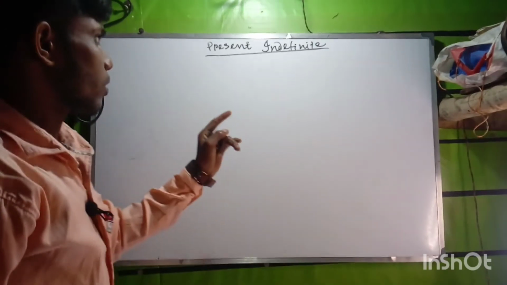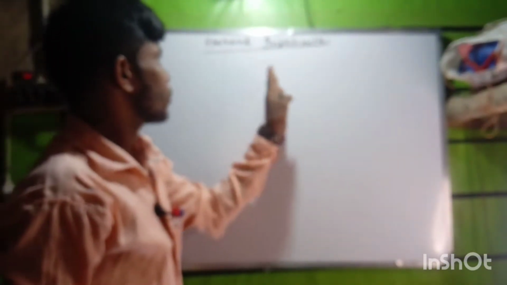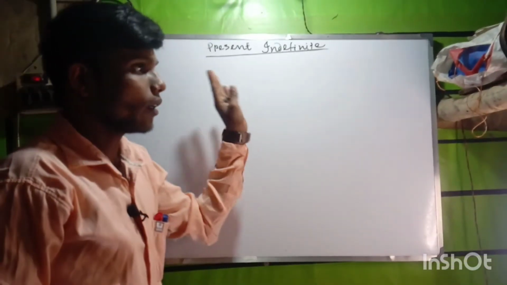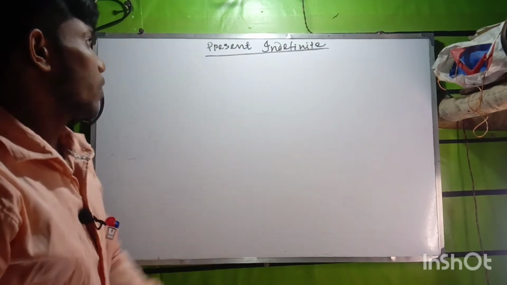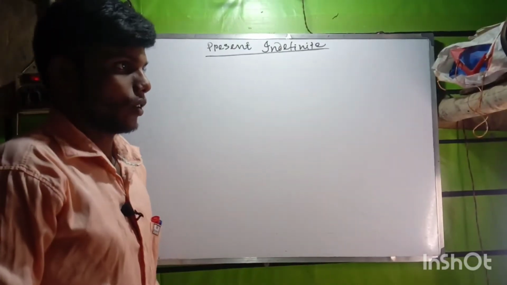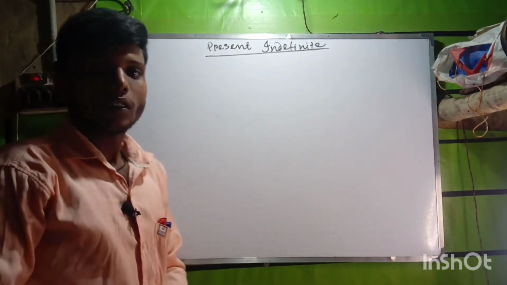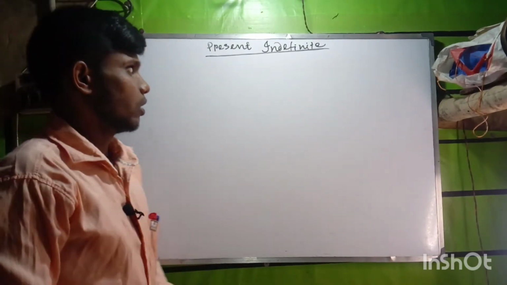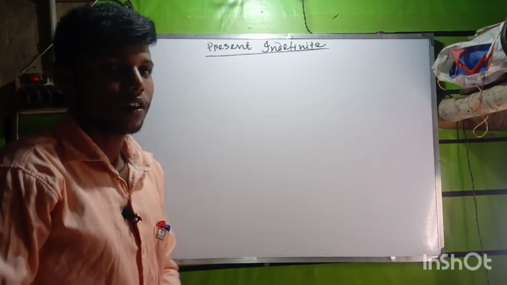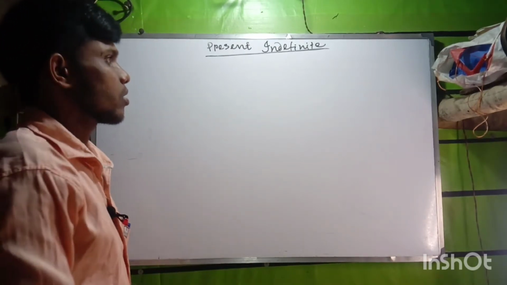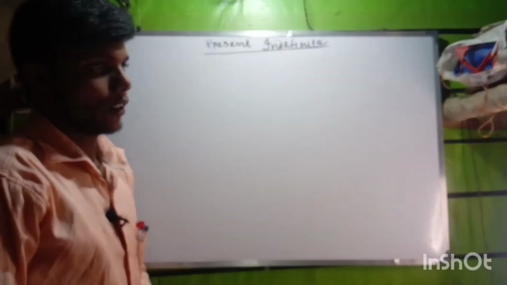Today I do not need to explain what present indefinite is and its structure. Okay, we all know the structure of present indefinite tense is subject plus verb (s or es) plus object.